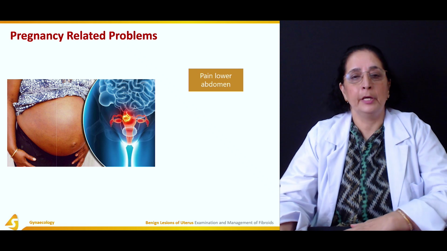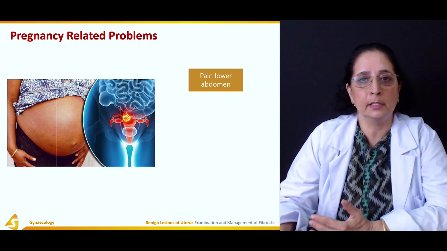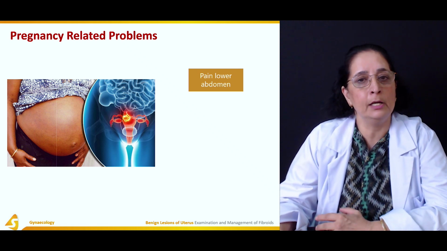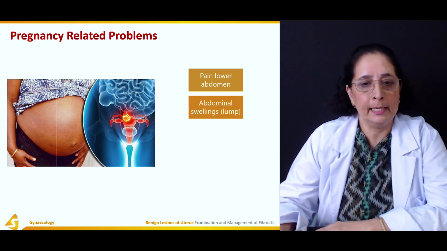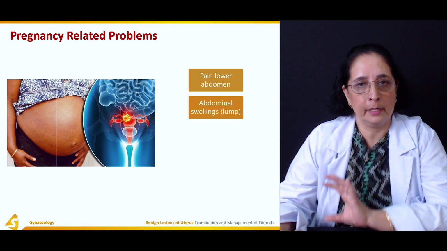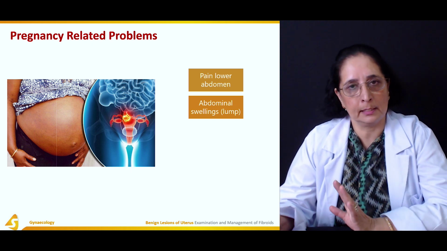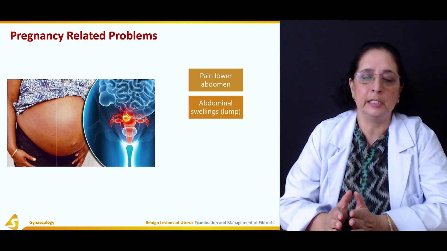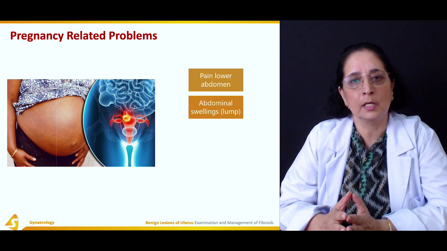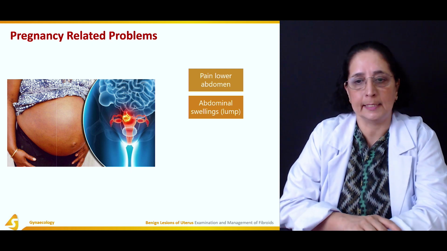So usually patients who have fibroids during pregnancy complain of lower abdominal pain and abdominal swelling because of the fibroid. You can feel the fibroids, some on the side or separately, or small fibroids are usually diagnosed during ultrasound performed during the pregnancy.